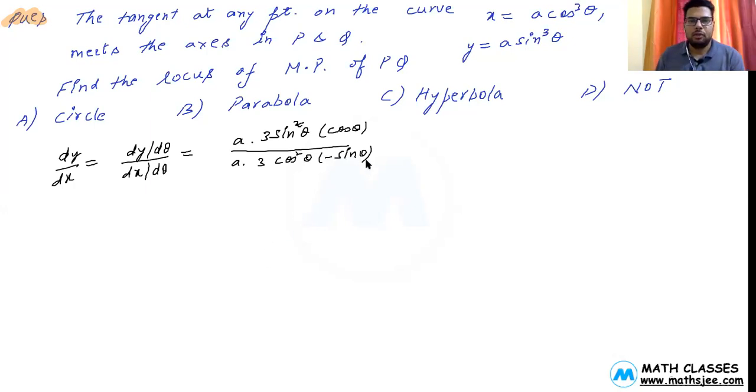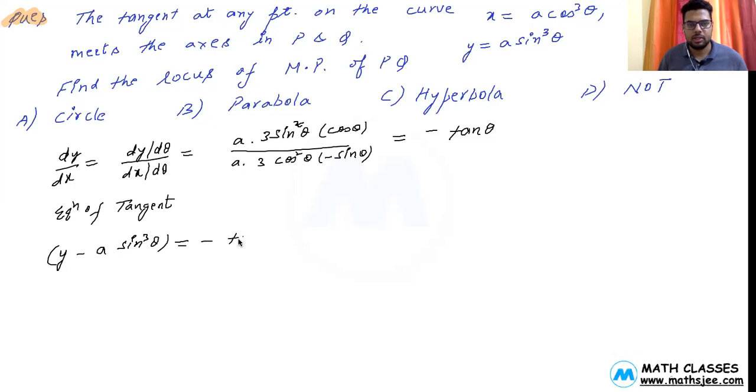A few things get cancelled out, such as 3 and 3, a and a. So this is equal to minus tan theta. This is the slope of the tangent, and we know the points, so we can write down the equation of the tangent. That will be y minus y1, so y minus a sine cube theta, equals minus tan theta into x minus x1.